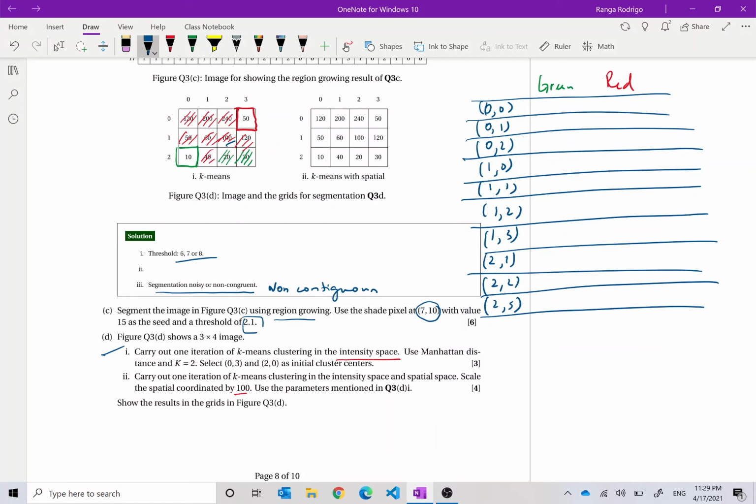Okay, let's take 0,0. So this one is once again green, this one is red. The pixel intensity difference is 110 plus the Manhattan distance of 1, 2, that multiplied by 100 is 200.